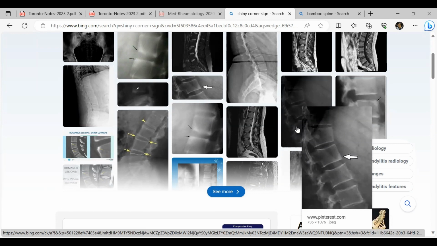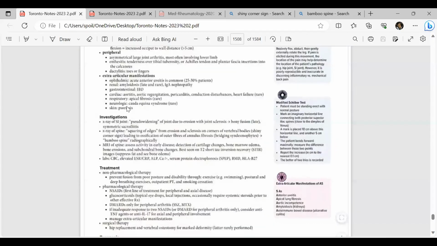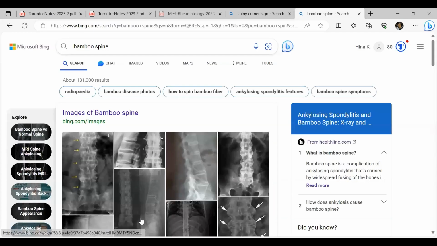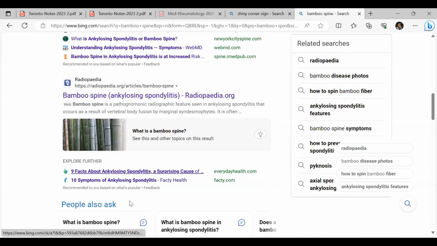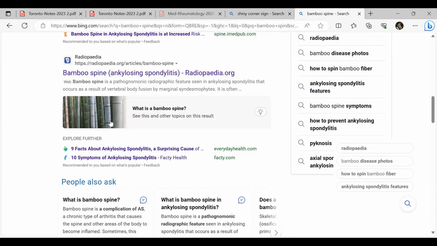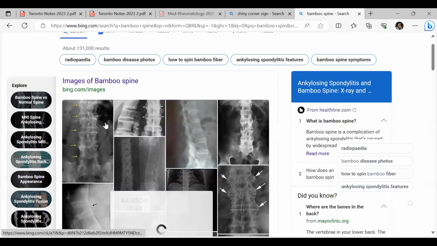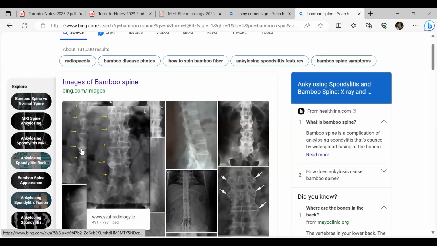So this is the sign here, leading to ossification of outer fibers of annulus, bridging. Okay, fine. You will also see bamboo spine. Here is the bamboo. Bamboo is usually the shape like this, and this is the typical sign you will get, the bamboo spine.